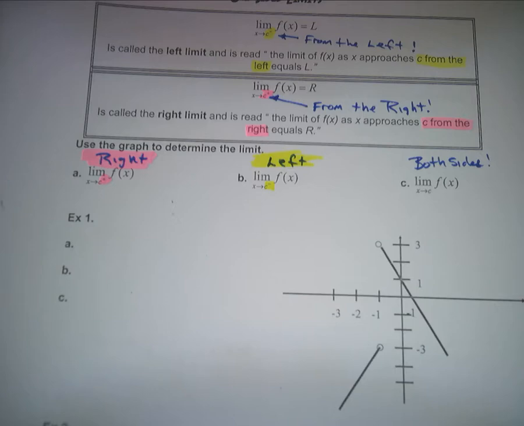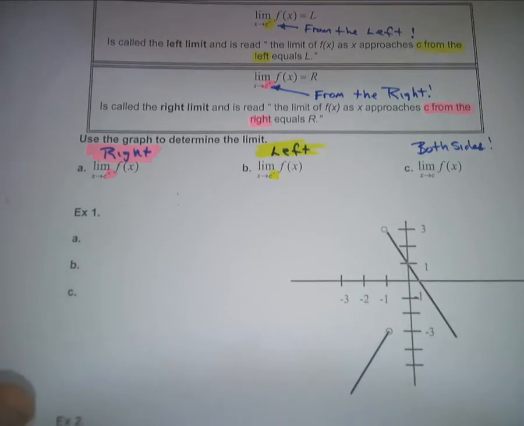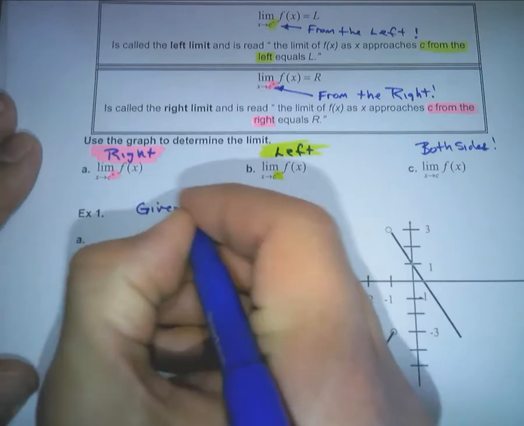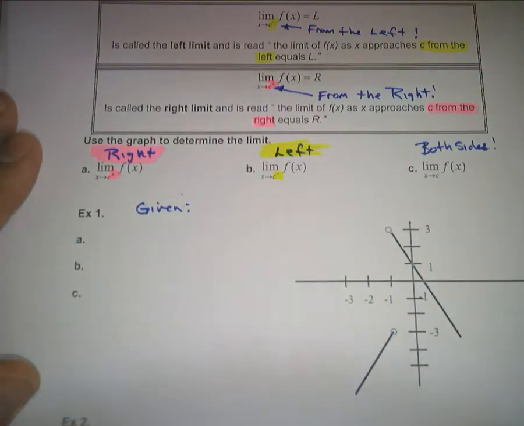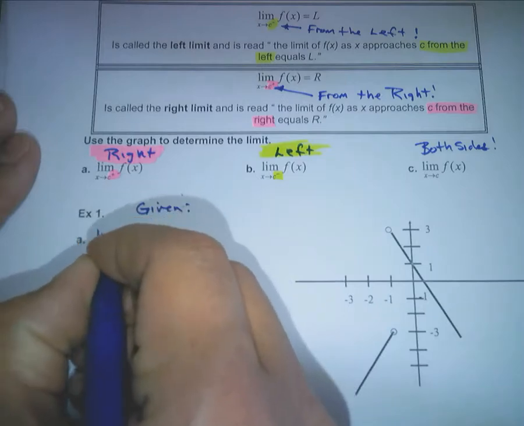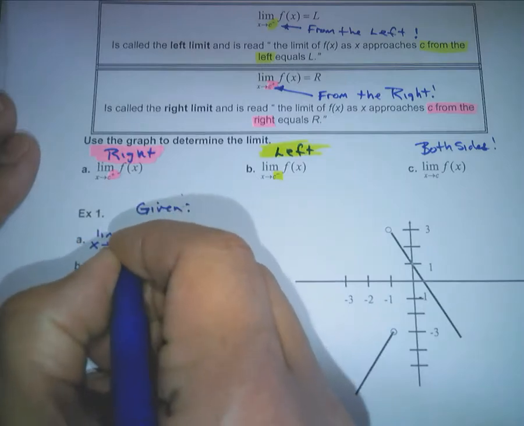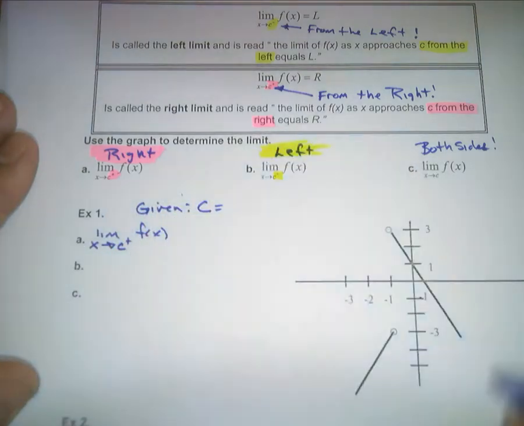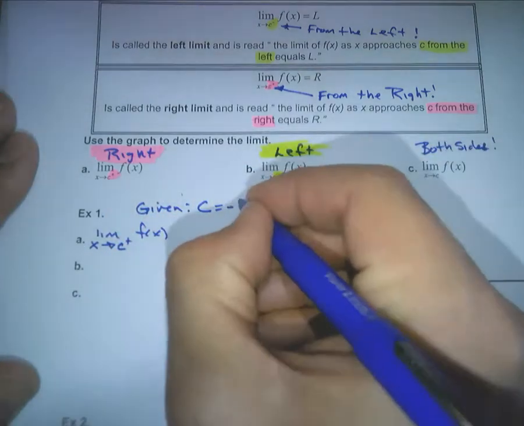So as we take a look, they're going to give you a value. So this was not written here. I'm going to give this to you. They're going to say, okay, find the limit of this function as x approaches c from the right. And it's going to give you the c value. In this case, the c value is going to be -1.